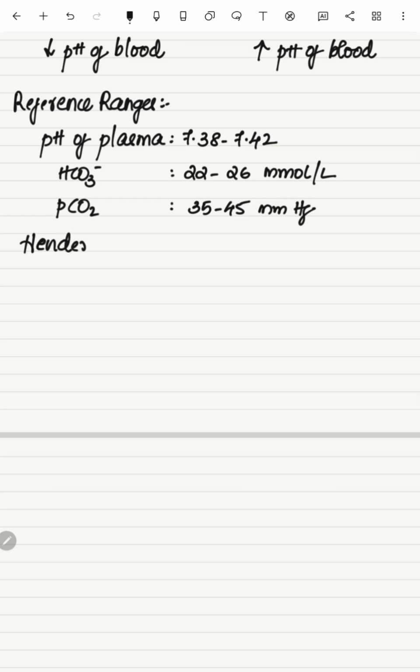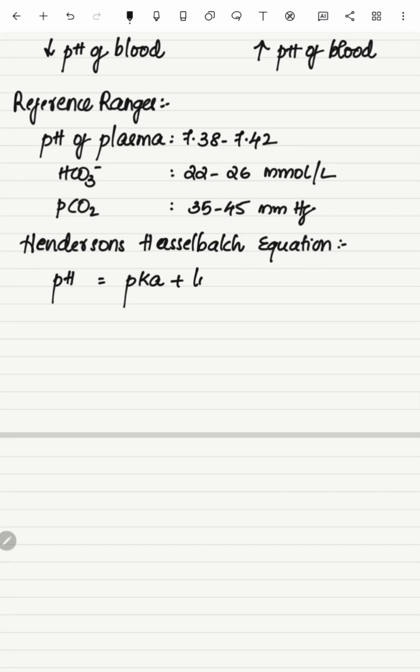Along with these three reference ranges, if you know an equation known as Henderson-Hasselbalch equation, it will be very easy to interpret ABG parameters. So what is the Henderson-Hasselbalch equation? pH equals pKa plus logarithm of conjugate base by acid.